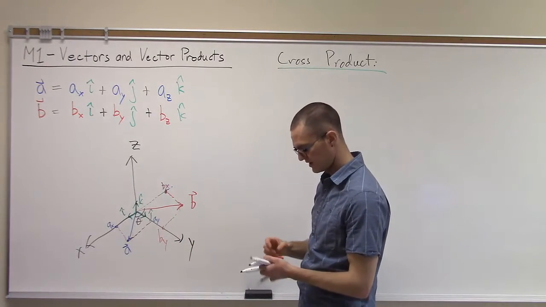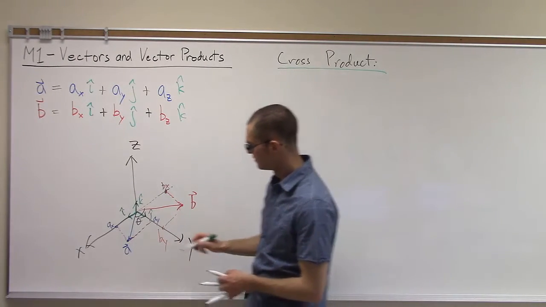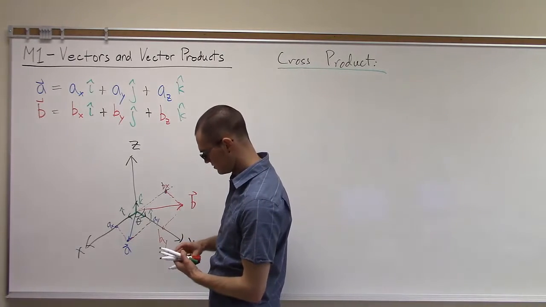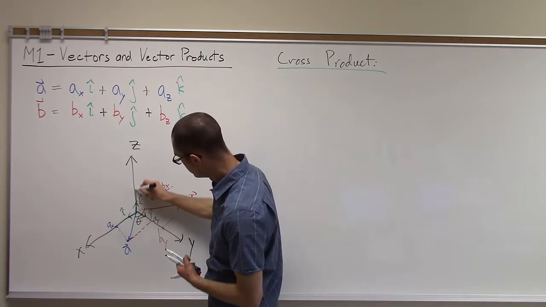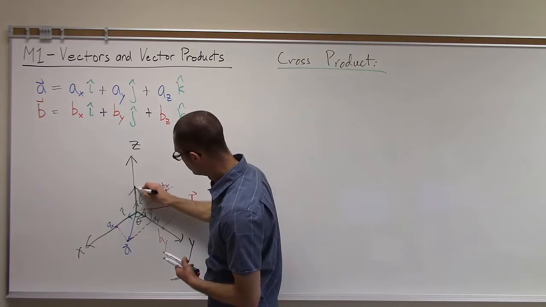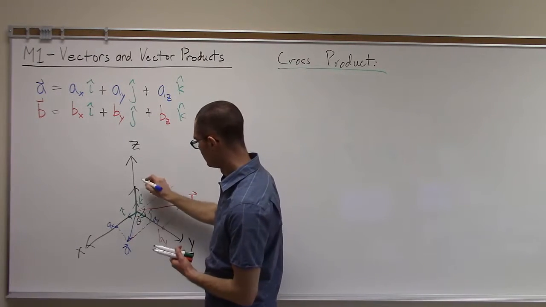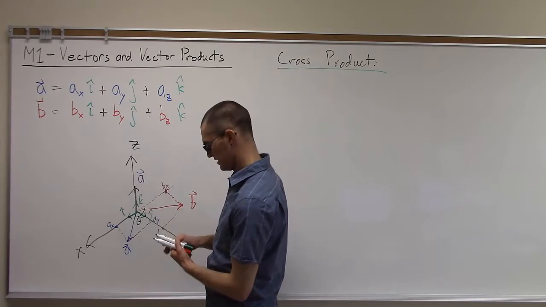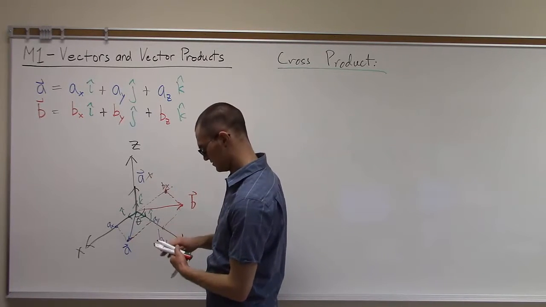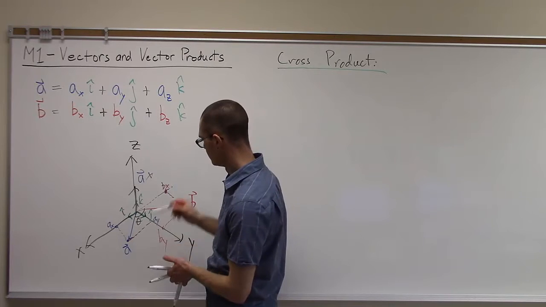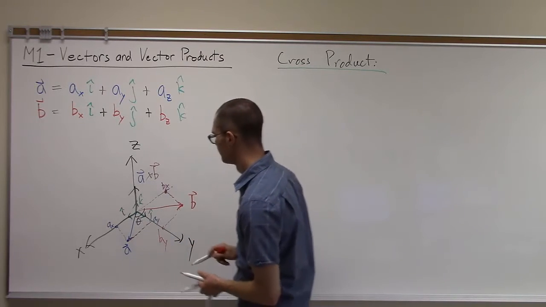So I'll draw it that way. Black here. So this vector pointing up is going to be a cross b.